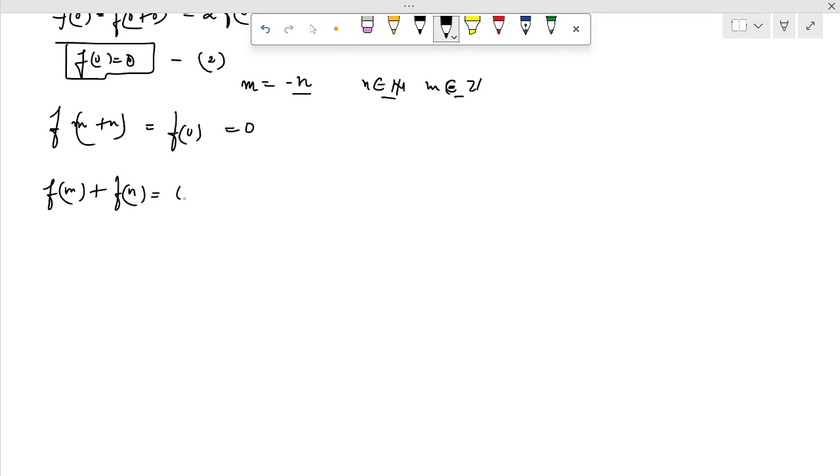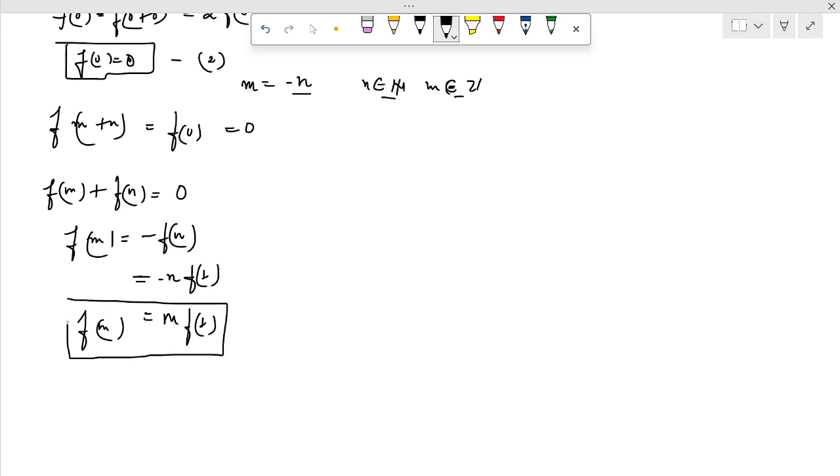So f(m) + f(n) is equal to 0, and I know that f(m) is equal to minus f(n), which is equal to minus n times f(1). And minus n is simply m. So for every integer value also, I can say that f(m) is equal to m times f(1).